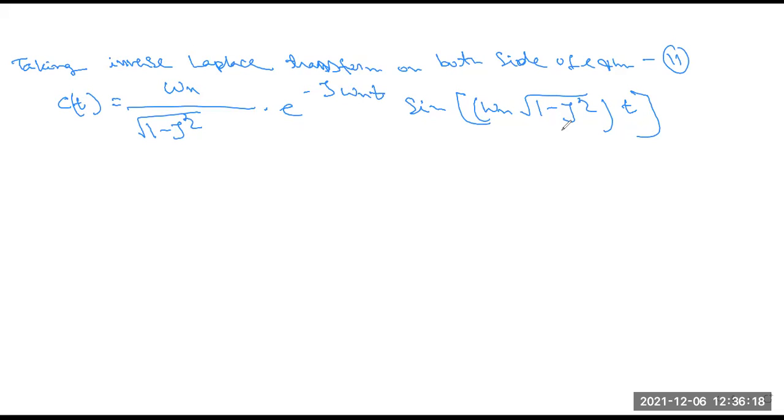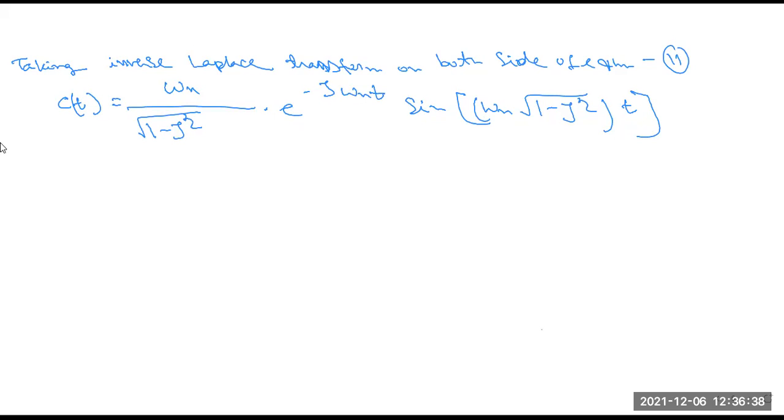So please remember these things also. When you calculate these impulse response functions, three conditions are also coming. The conditions are: zeta is less than 1, zeta is equal to 1, and zeta is greater than 1.